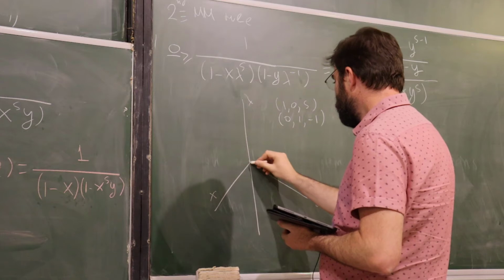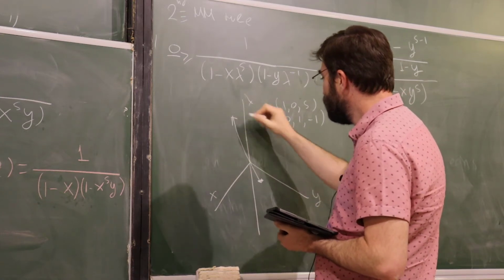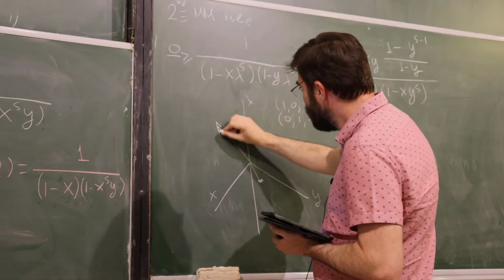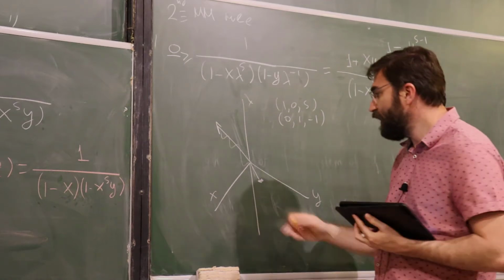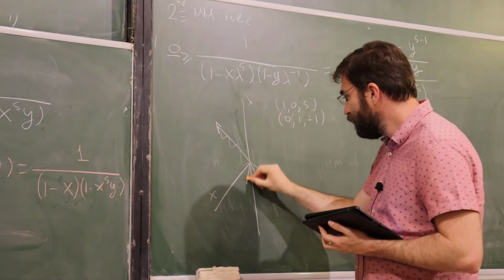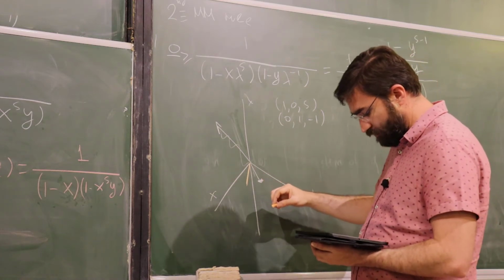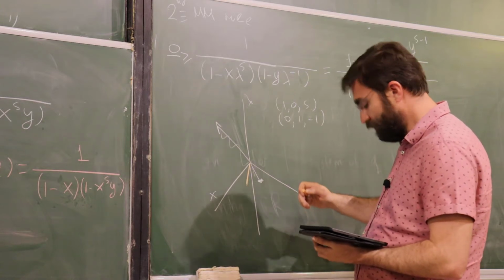So 0, 1, minus 1, we have this one, and we have 1, s. Okay, that's a very bad drawing. So our cone is here, and we'll play the same game. We will find the intersection with the xy plane, and yeah.